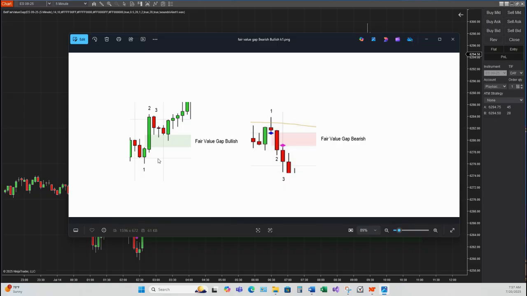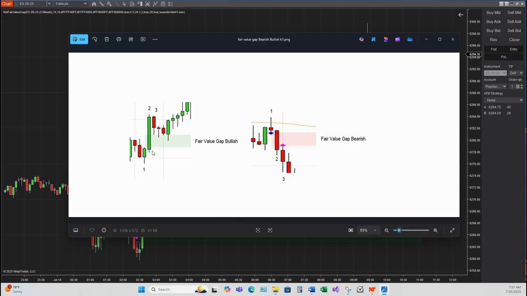The basic concept is that the large candlestick, with the wick, does not exceed the body of the small candlestick, and same thing with the other side. So we end up having this gap between two candlesticks, and that gap is the formation of a fair value gap, and that's bullish. You got the same thing on the bearish side.